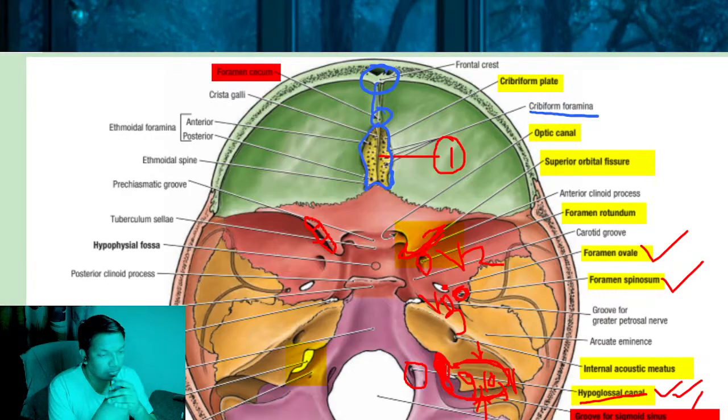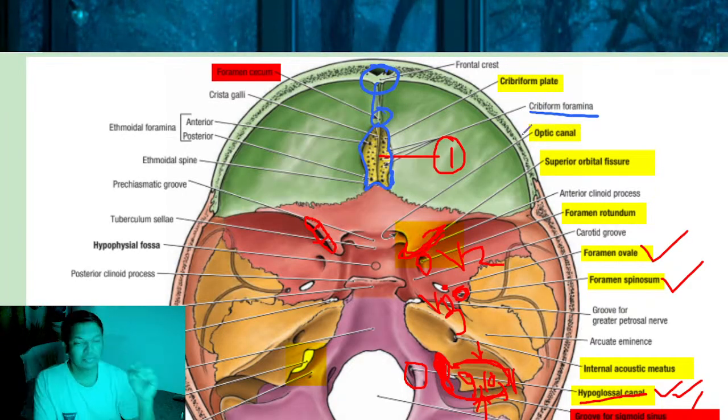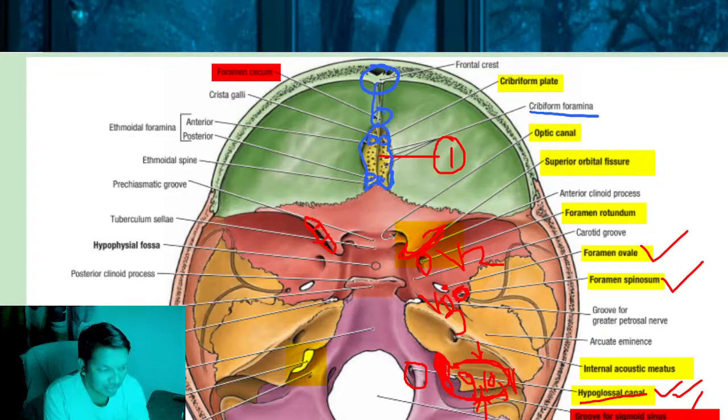Again, we have frontal crest, then foramen cecum, then cribriform plate, and they have the ethmoidal foramen, anterior and posterior, on both right and left sides. None of these are important for the exam. Next bone.